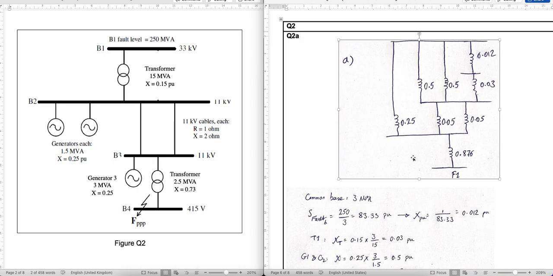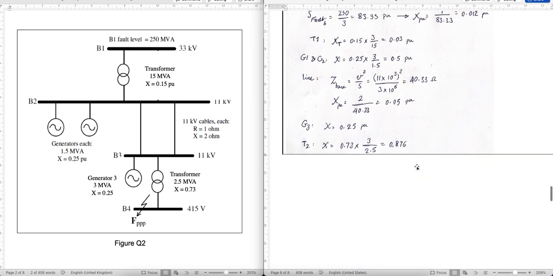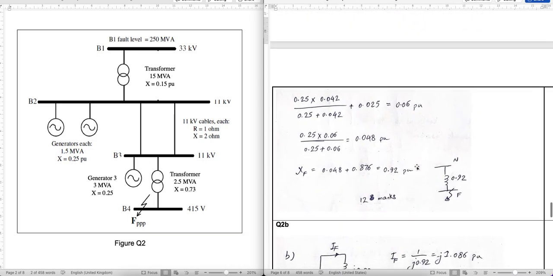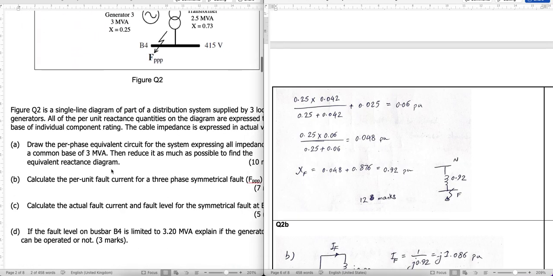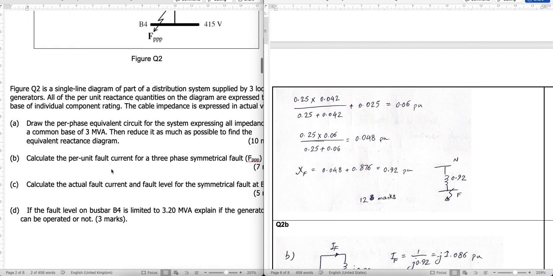They go for several iterations. But that is not the focus of our learning outcome. Obviously, that is important just to get the final number, but that is based on your previous knowledge of parallel and series impedances. So this is for section A, I believe. Yes, section A.